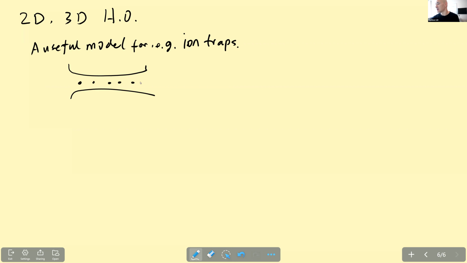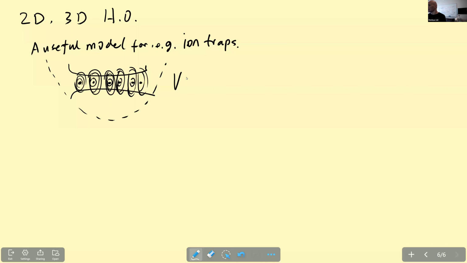Then you apply this field along this direction. This produces a two-dimensional trap along xy. But you also have a trap in this direction, so you basically have a V(x, y, z).